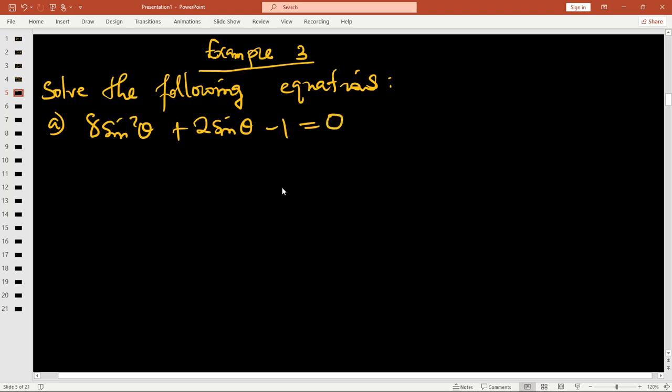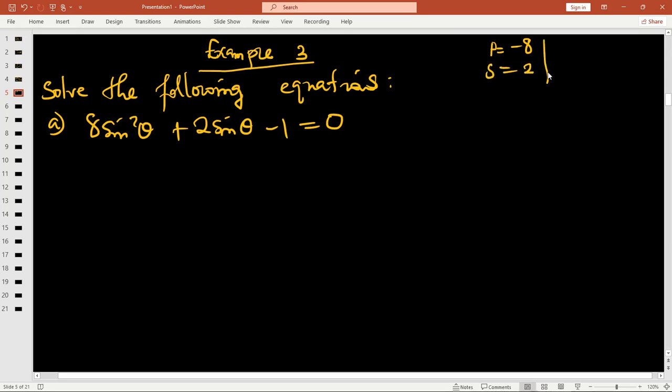So now, when you look at this trigonometric equation that you have here, this looks like a quadratic function. So now here, we can just apply either the factorization method or we use the formula there. If we want to use the factorization method, our product here is negative 8 and our sum is 2 here.